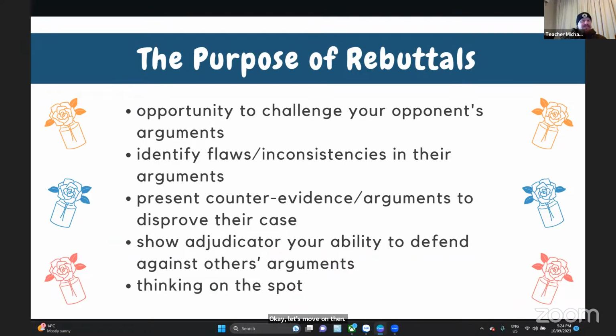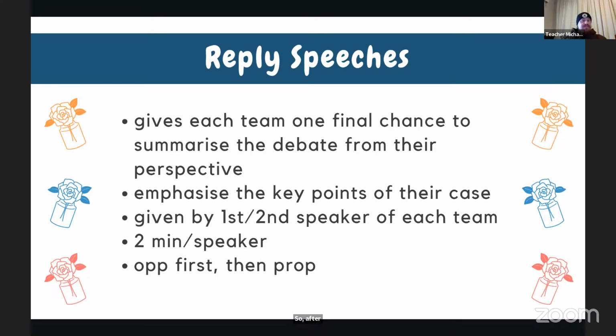So after the substantive speeches have occurred, the final speeches that will be offered by the debaters are called reply speeches. And these reply speeches give each team one final chance to summarize the debate from their perspective and add the key points of their case.